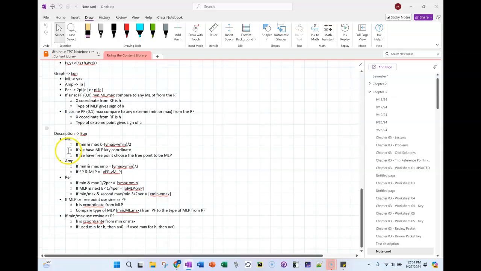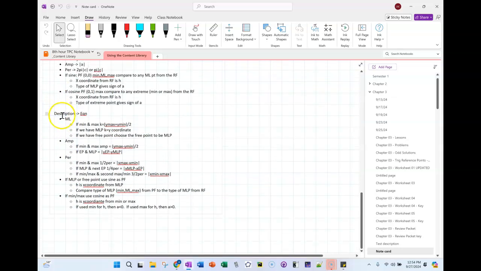And then if I want to go from a description to an equation, to find the midline, if I have a min and a max, I do the average of the y-coordinates from those mins and maxes. If I have a midline point, then the k is just the y-coordinate. If I have a free point, I'm going to choose that free point to be a midline point, so the k is just the y-coordinate.